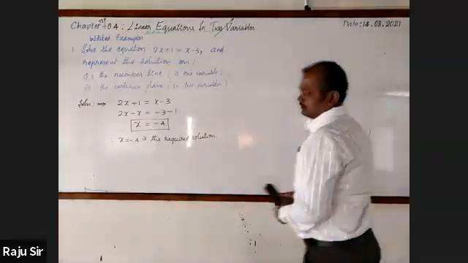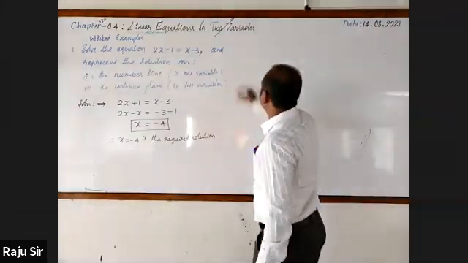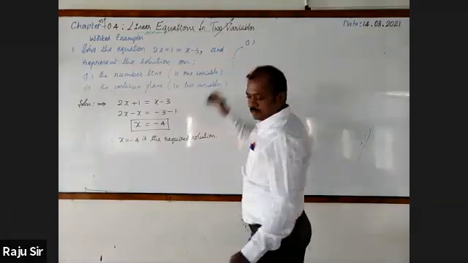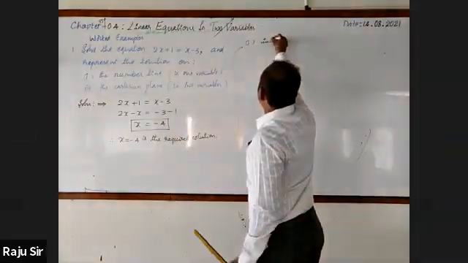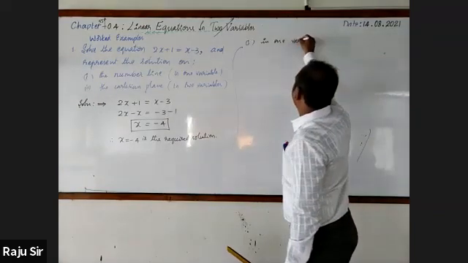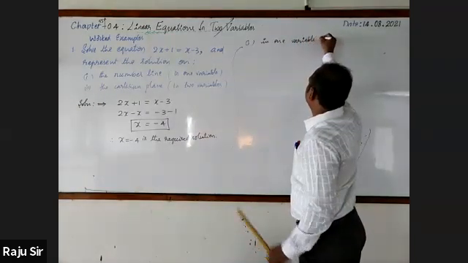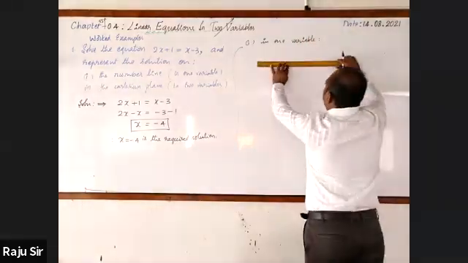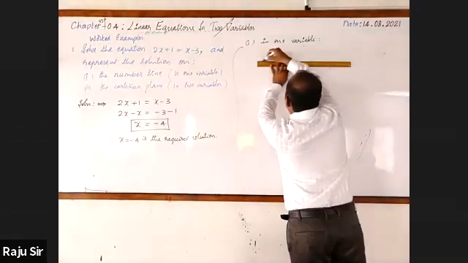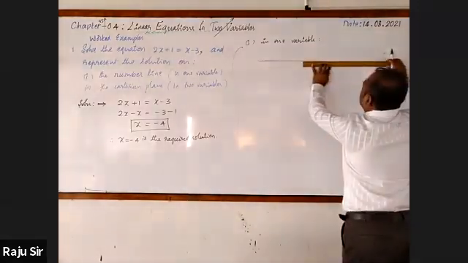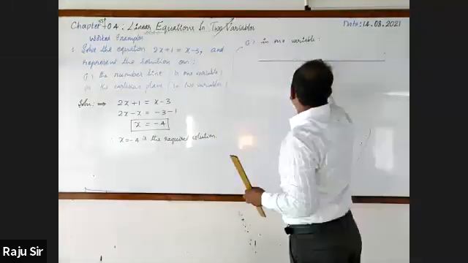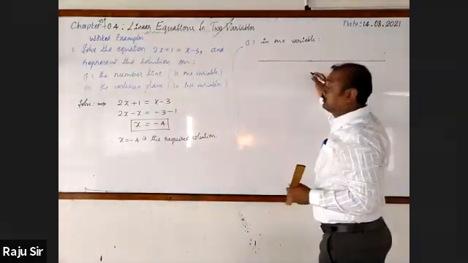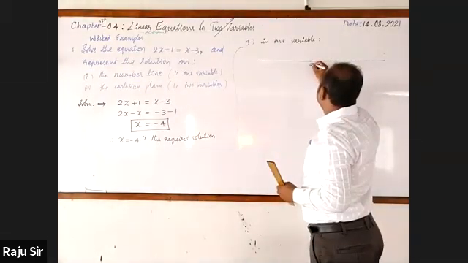Right. Here I continue. First one, that is in one variable. Draw a number line, and go on marking for every 1 centimeter. 0.